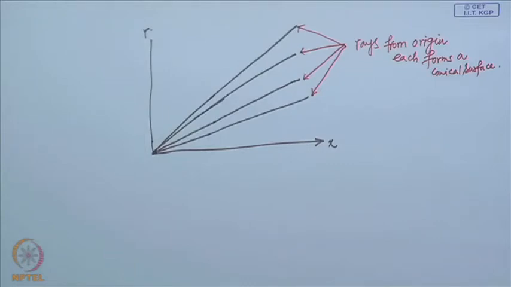Now, we know that on a particular ray, or the particular conical surface which is the Mach cone from the vertex, the perturbation velocities are 0.